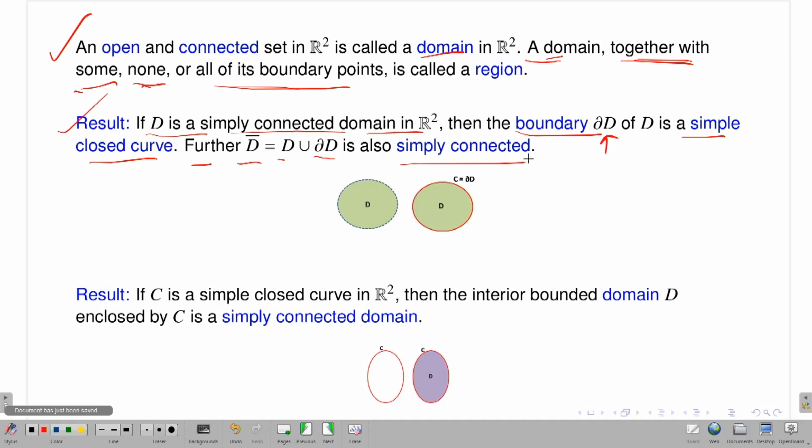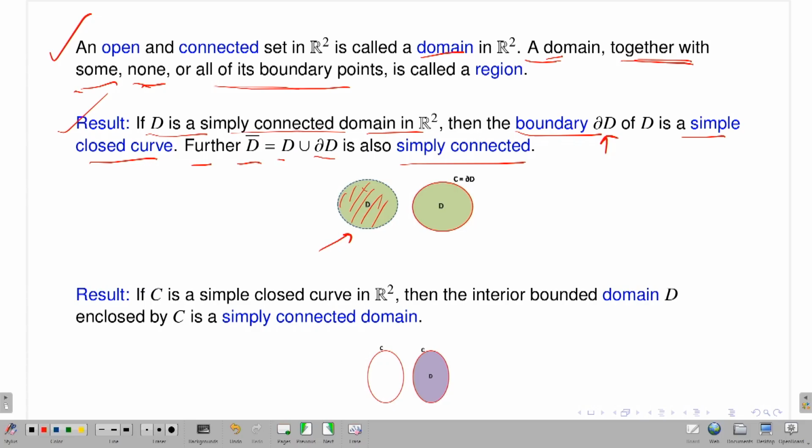So if I start with a simply connected domain in R2, the first observation is that the boundary of my domain D is a simple closed curve, and if I make a new set, my domain along with all the boundary points, which I denote as D closure, this is also simply connected. For example, I draw a picture, look at this. This is a domain. Here the boundary point dots mean they are not included, that means I am talking about the open set. So this is a domain, right? It is open, it is connected, simply connected means connected, so it is very nice.